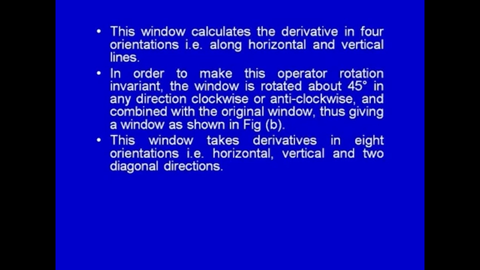In order to make this operator rotation invariant, the window is rotated by 45 degrees in any direction, clockwise or anti-clockwise, and combined with the original window, thus giving a window as shown in figure B. This window takes derivatives in 8 orientations, that is horizontal, vertical and 2 diagonal directions.